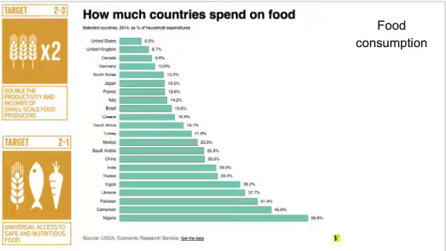Another aspect to consider is the growth of the global middle class. As well as increasing the difference between rich and poor people, the growth of the global middle class often sees an increase in meat consumption or dairy products. These place extra demands on the food supply. It takes considerably more food to produce meat and dairy items than it does for vegetarian items.